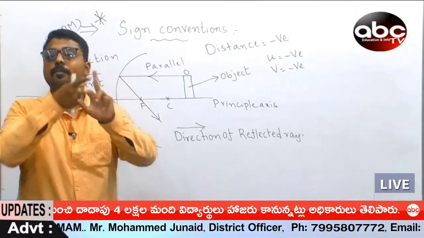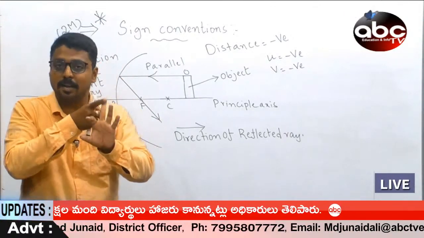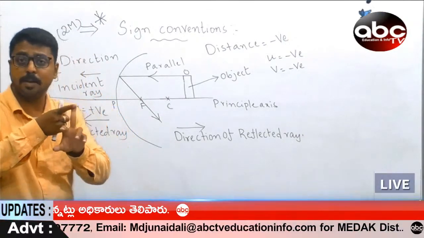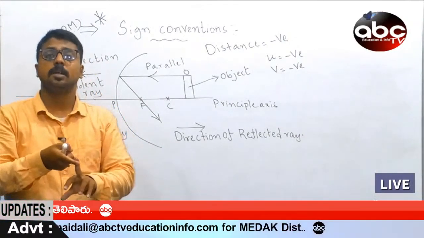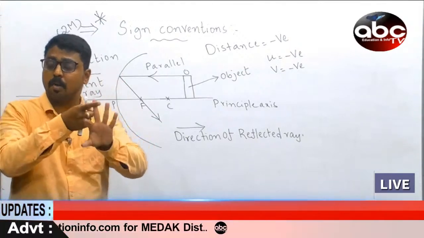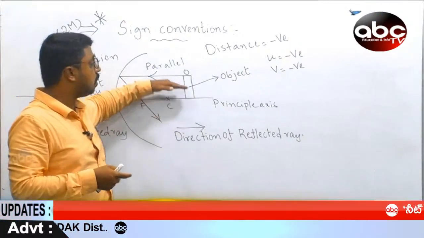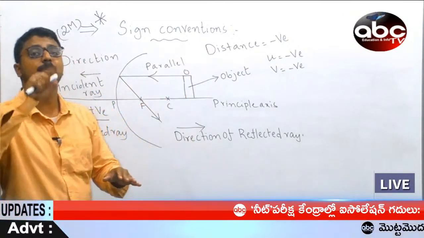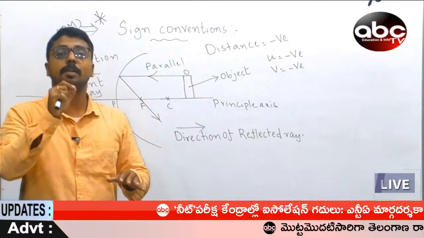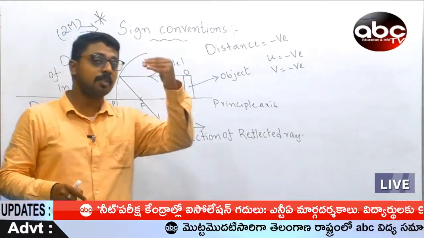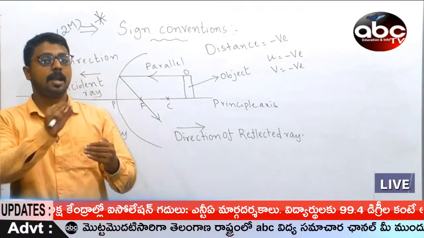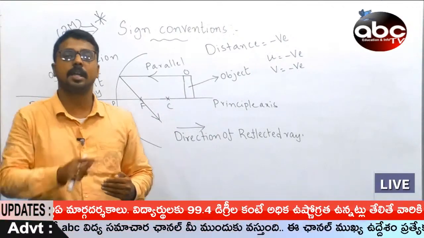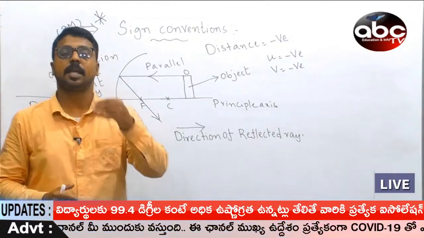Second point, we discuss heights, whether of an object or an image. If an object or an image is on the above side of the principal axis, its heights are taken as plus. Whereas if they are below the principal axis, naturally they are taken as minus. The height is taken as minus. This is the second point.